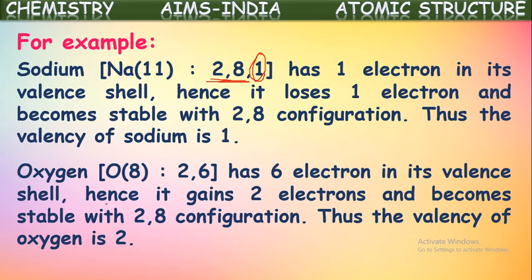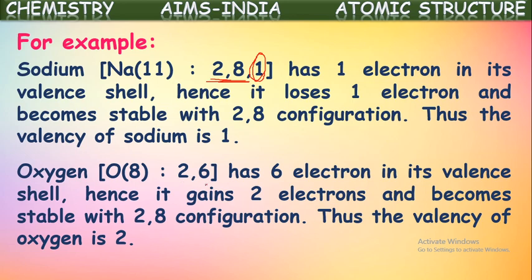Hence, it gains 2 electrons and becomes stable with a 2, 8 configuration, like a noble gas. How many electrons did it gain here? 2 electrons. Thus, the valency of oxygen is said to be 2. In this way, the number of electrons gained or lost by an element to become stable is called its valency.